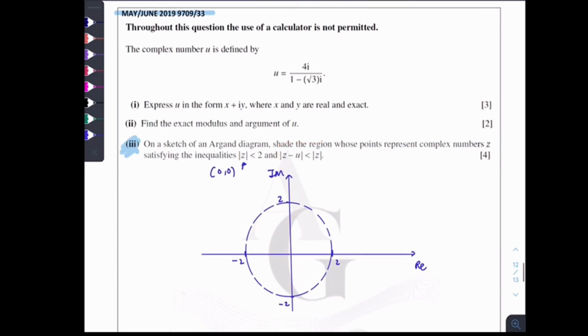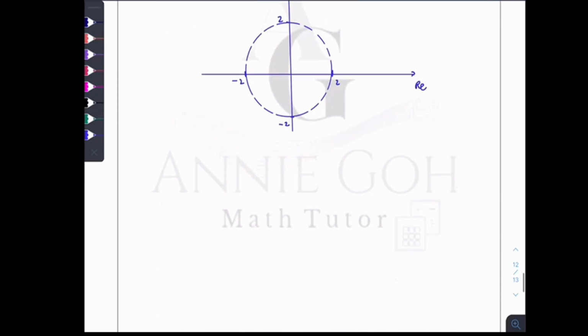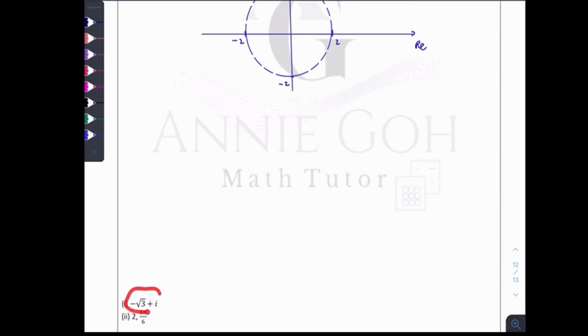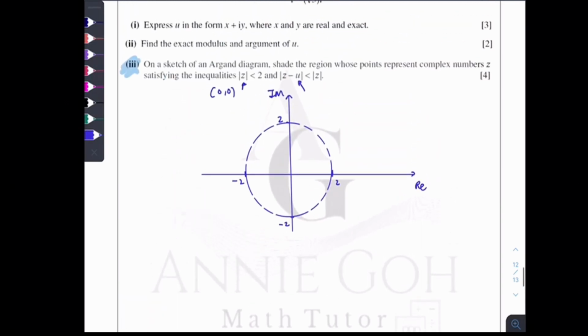So for this perpendicular bisector, the point here is the point U. Point U we actually found in part 1, so let's make use of the answer at the bottom here: negative square root 3 plus i. That means the point here is negative square root 3 and 1, 1 for the i.